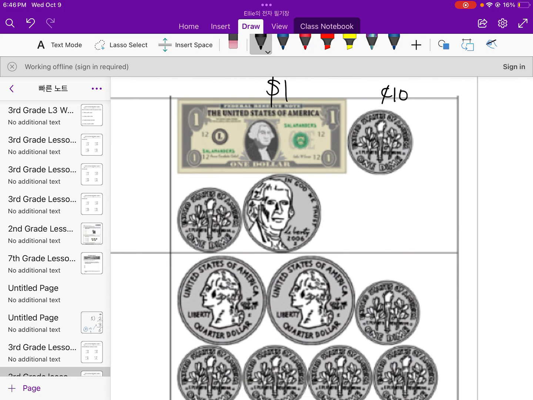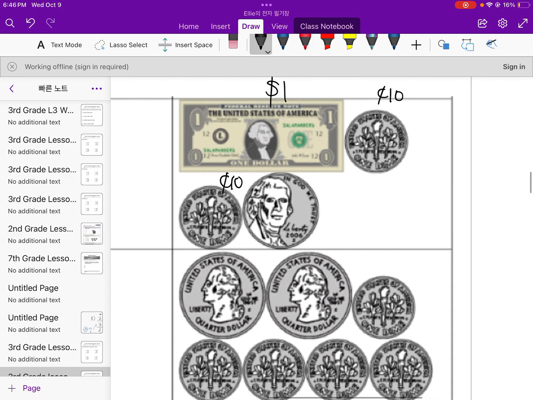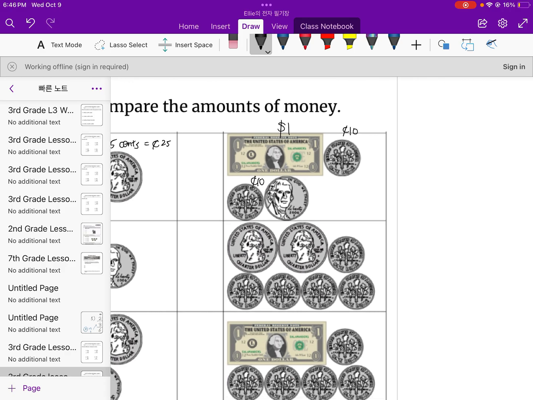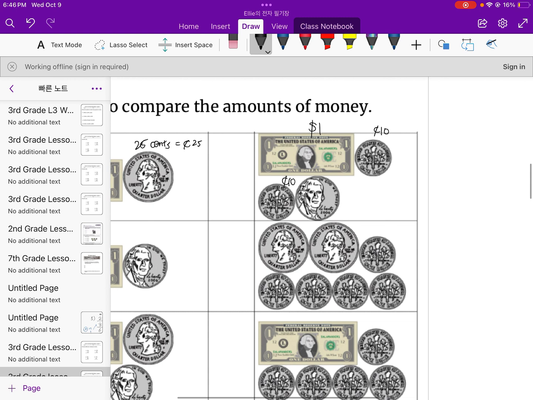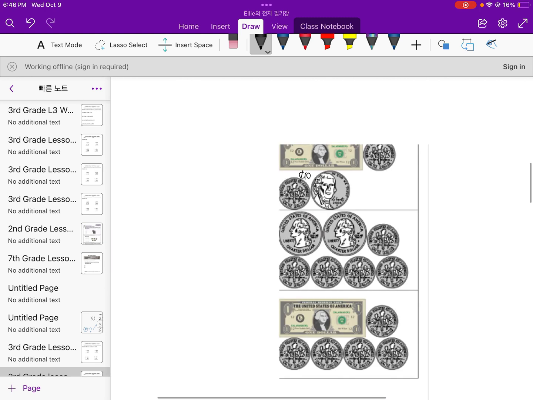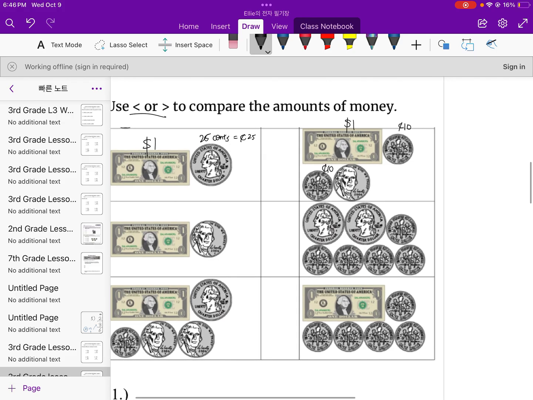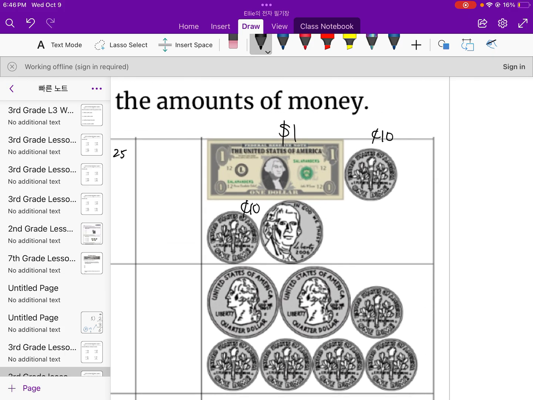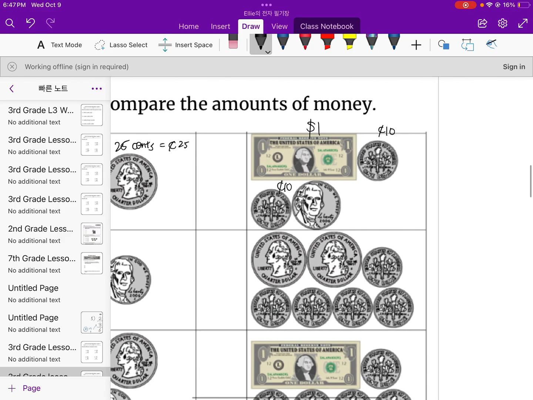And this is a dime too, so this is another 10 cents. And we can already see that the number of coins is more in the second one, but we don't know yet, so we'll see.